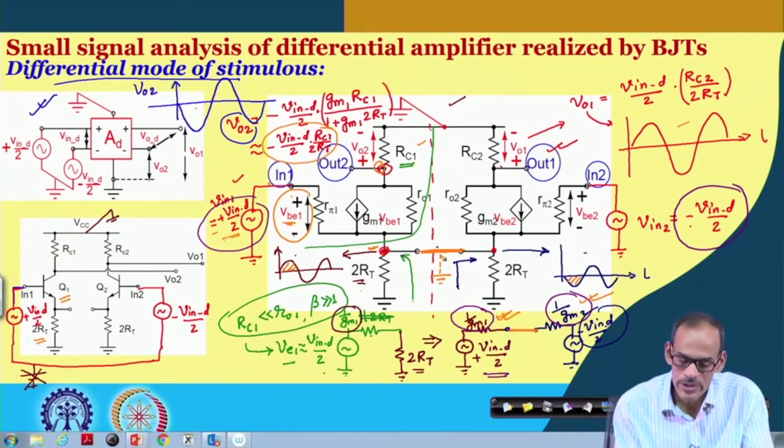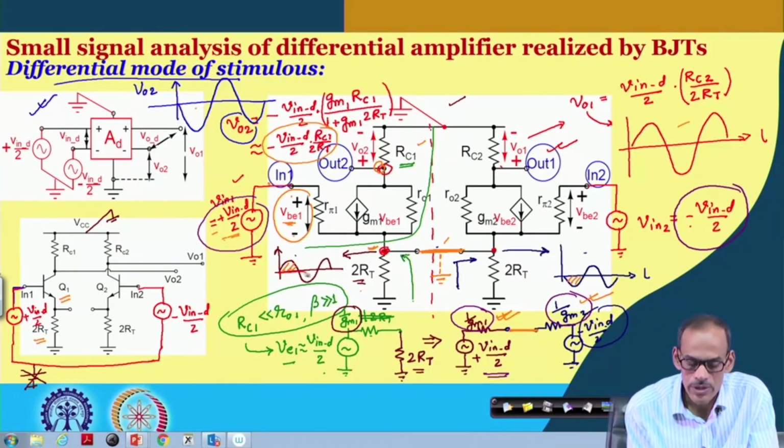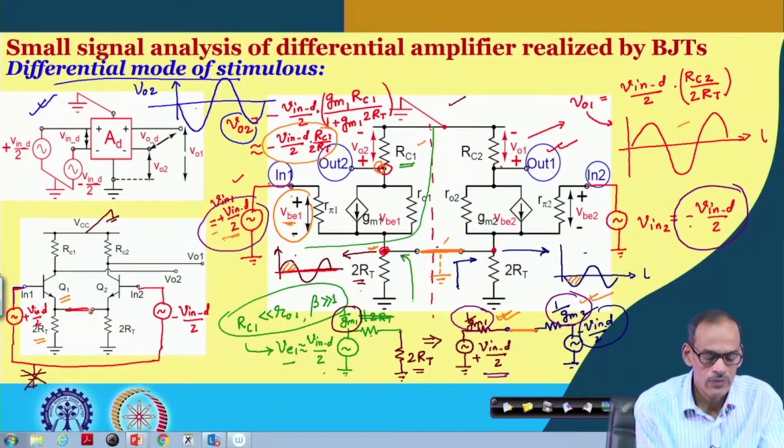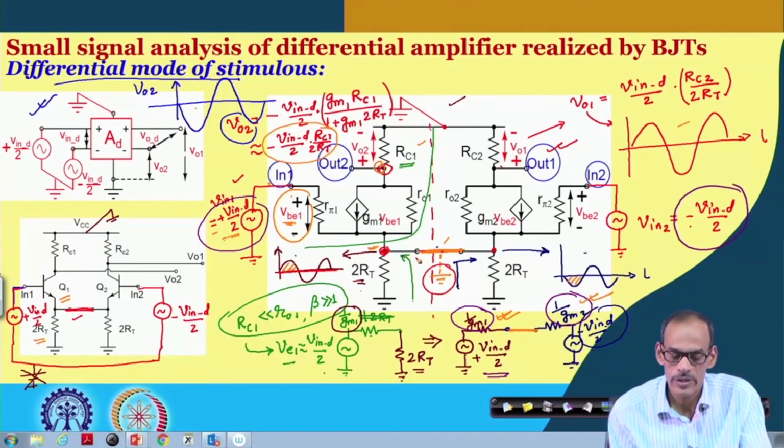So the moment we make this connection, the signal here completely vanishes. The combined emitter node becomes 0. It may have only a DC voltage, but you will not find any signal. Equivalently, you can say that after making this connection, it becomes AC ground.